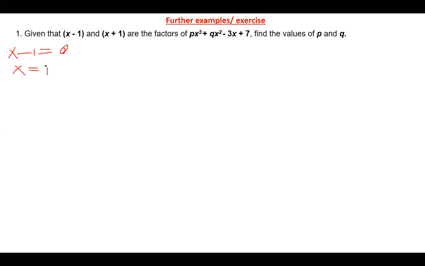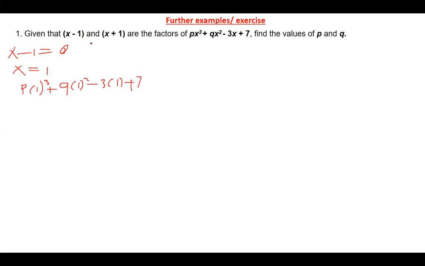At least we found one value of x. So what you do is you replace it in this polynomial. Where there is x, you put positive 1. So when you put positive 1 where there is x cubed, you get p times 1 cubed, plus q times 1 squared, minus 3 times 1, plus 7.